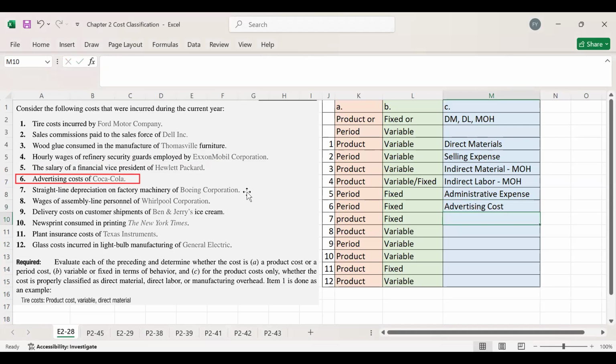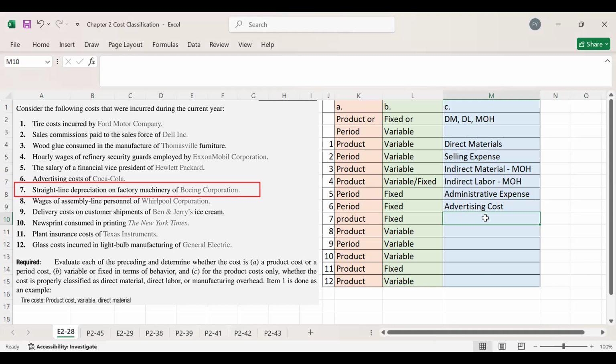The next is example 7, which is straight line depreciation of factory machinery. So remember, it is factory machinery. This means that it is product cost, and as mentioned, straight line depreciation means we have the same fixed depreciation every month or every year, and depreciation is part of indirect cost.